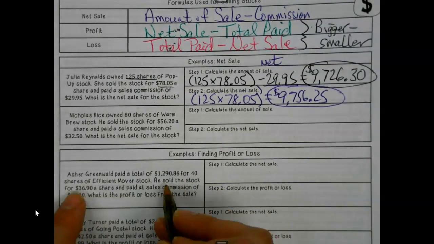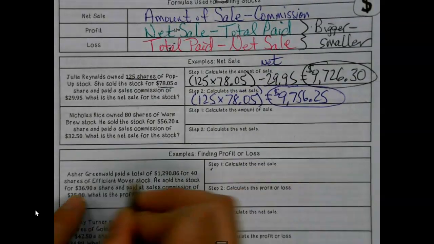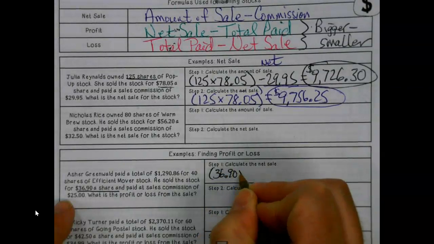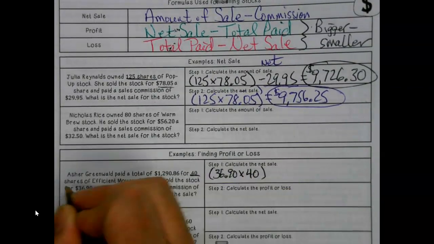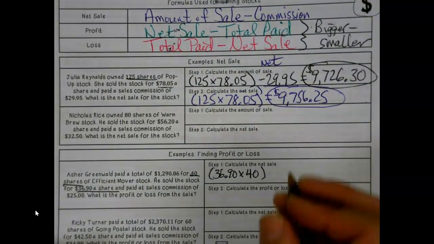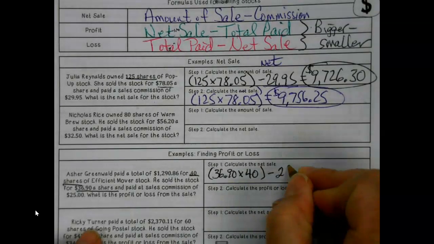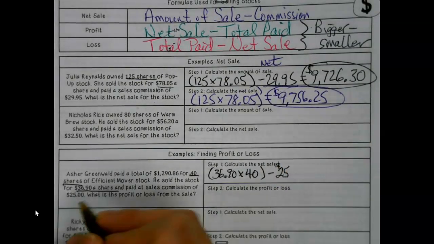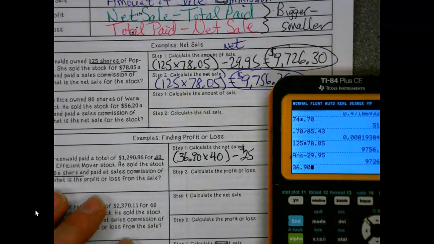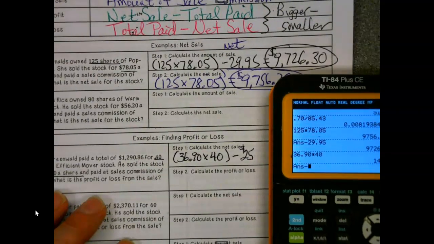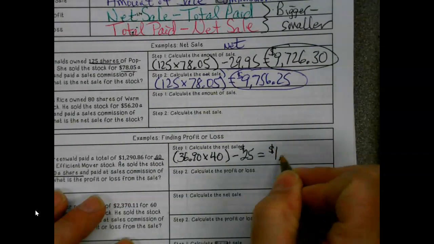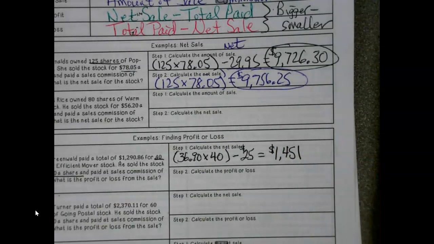Okay, so we sold the stock for $36.90 a share times the 40 shares that I owned. But then I still have to subtract the commission. So let's see here. So $36.90 times 40 minus 25. So $1,451 is my net sale.